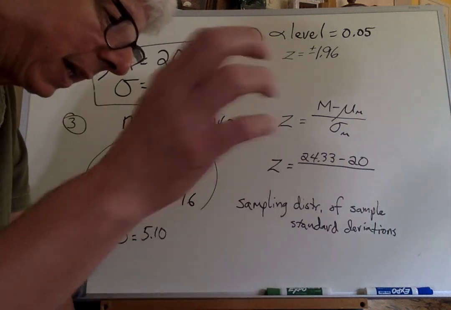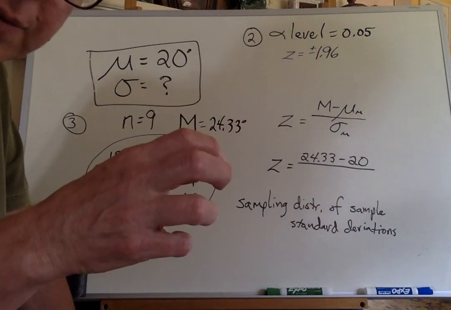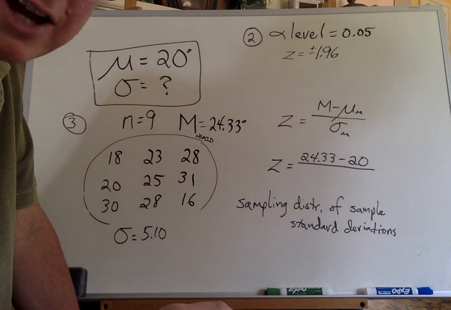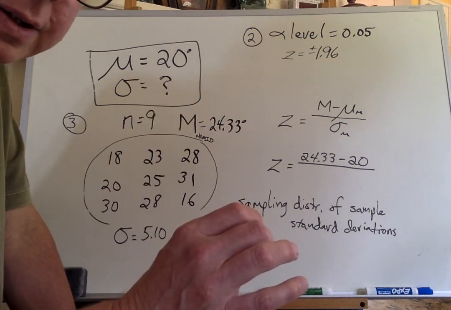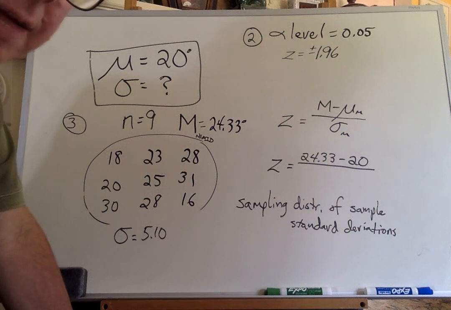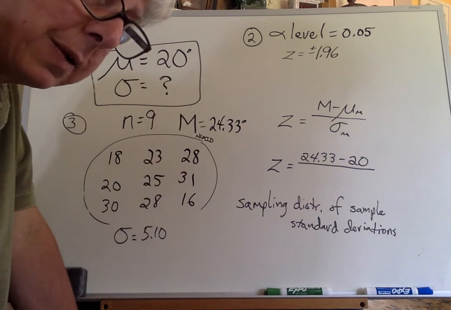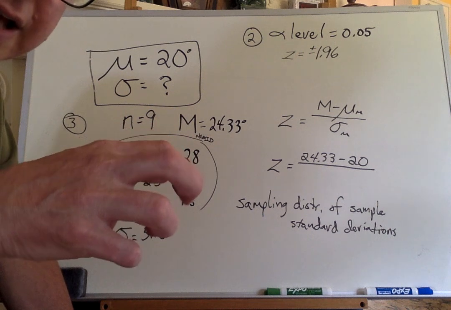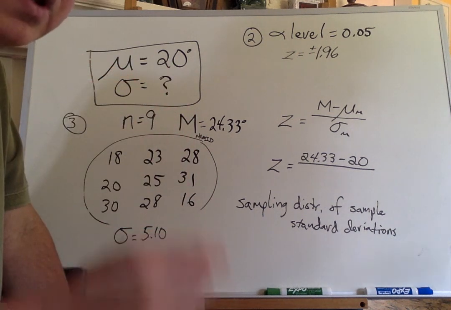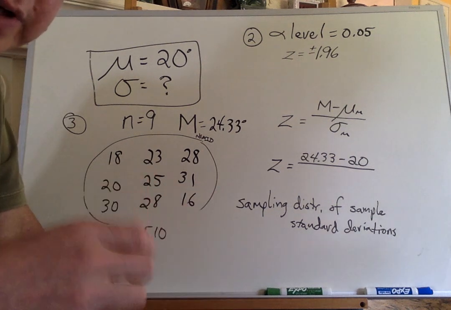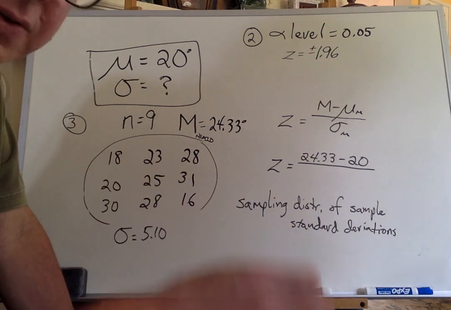I'm going to put the blocks back in, go in, take out 9 more blocks, calculate the standard deviation. It's going to be different than this. I'm going to plot it. Put those 9 blocks back in, take out another sample of 9. I'm going to calculate the standard deviation and plot that. I'm going to keep doing it 1,000 times, 10,000 times.